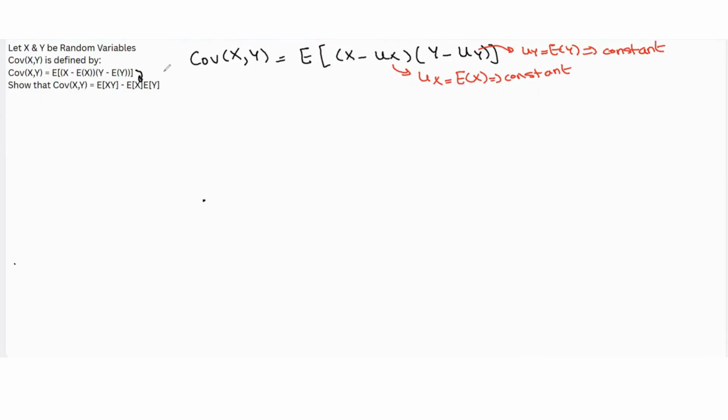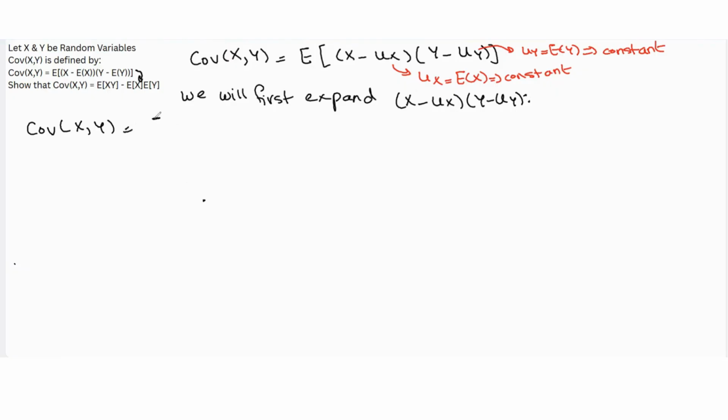Now what we're going to do is we will first expand (X minus mu of X)(Y minus mu of Y). We can write covariance between X and Y is equal to expected value.